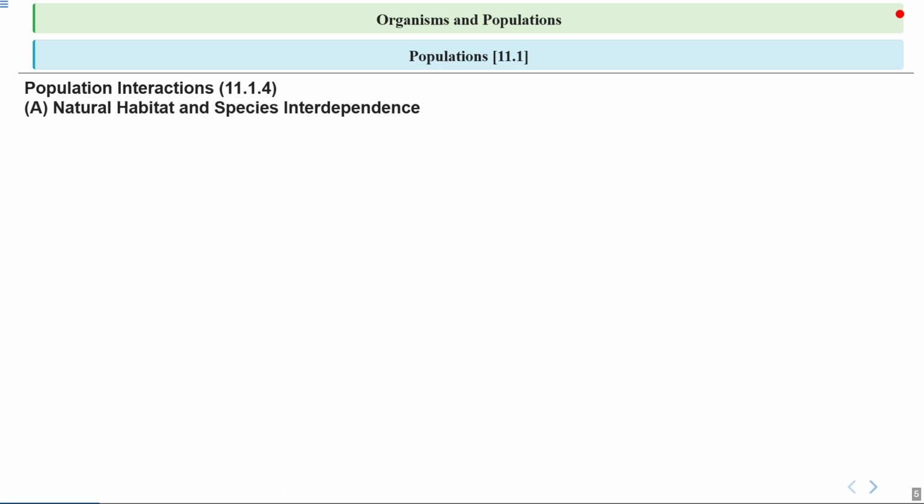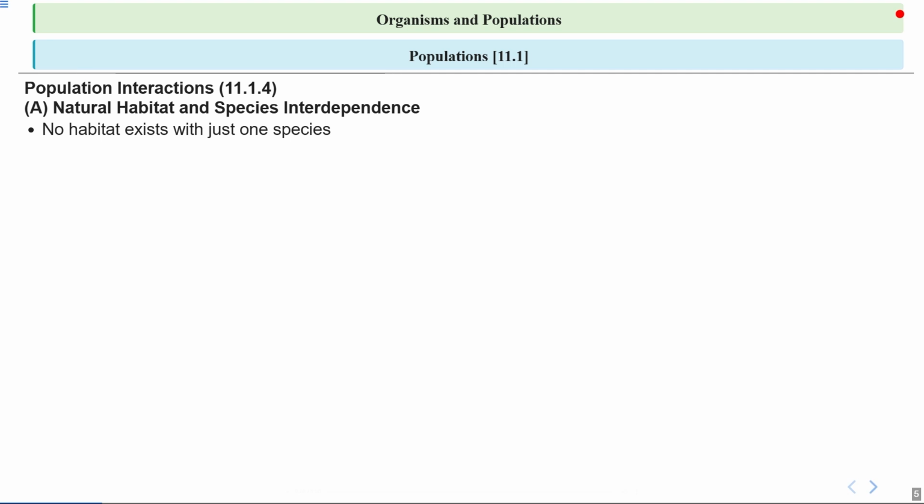So let's talk about natural habitat and species interdependence. Species are dependent on each other. No habitat exists with just one species. So the minimum requirement for a species to survive in a habitat is what? At least there should be 2 species.